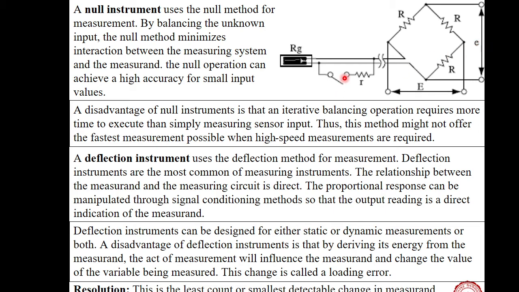So in such situation we know how much resistance we have changed, and then we can make the analysis once again. What is the net effect of this resistance with this? And that is a measure of the change in resistance of this particular strain gauge, which is of interest to us. So that way this null method of measurement is better in that sense.